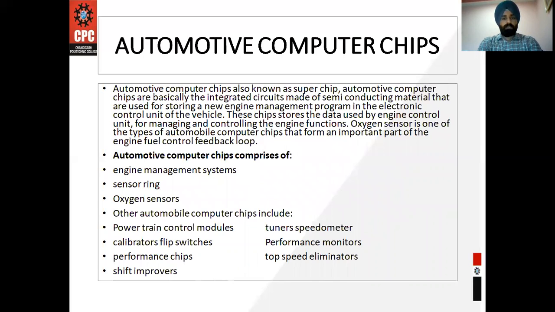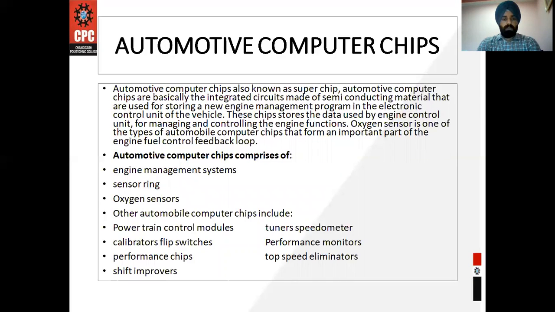Automobile computer chips, also known as super chips. Automotive computer chips are basically integrated circuits made of semiconductor material that are used for storing a new engine management program in the electronic control unit of the vehicle. These chips store the data used by engine control unit for managing and controlling the engine function.